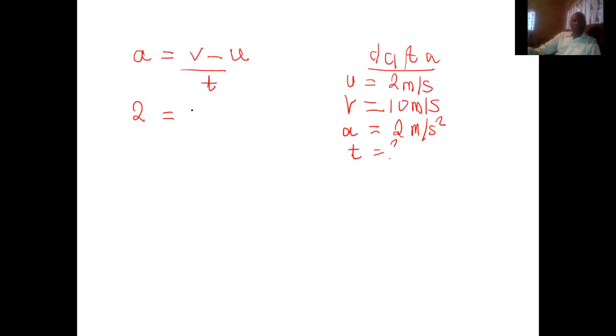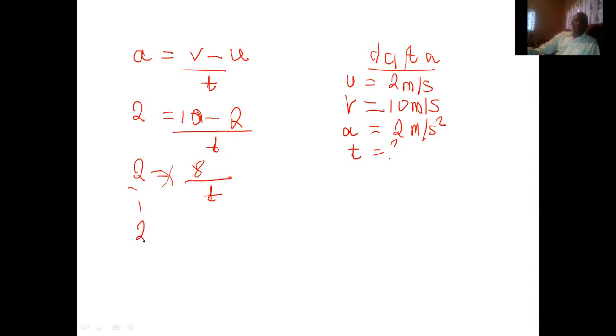So we have acceleration 2 is equal to 10 minus the initial, which is 2, divided by the time we don't know. So 2 is equal to 10 minus 2, which is 8, over t. We can cross multiply to calculate t.